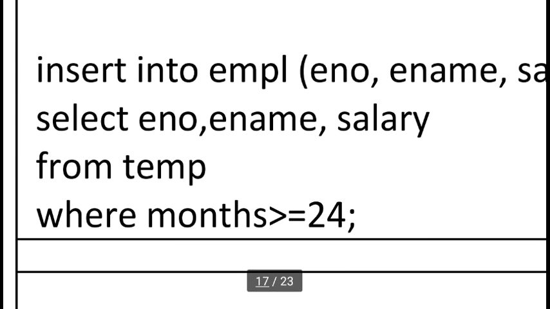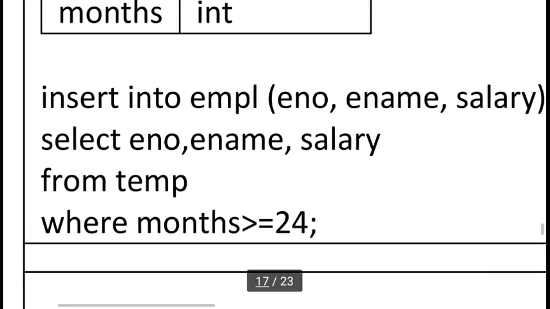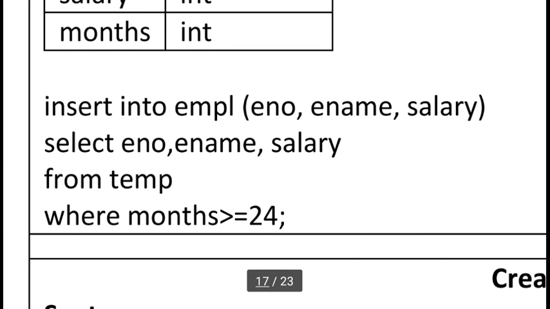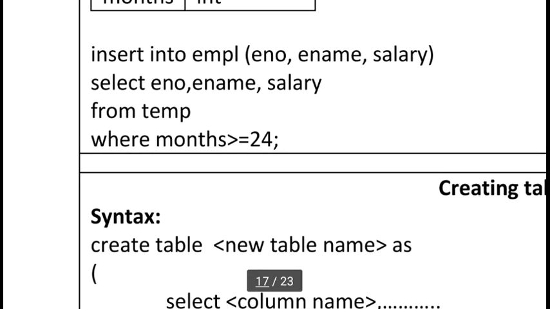So from the table temp, where the month column is greater than or equal to 24, all records will be copied and stored into the EMPL table. This is an advanced command, so we can copy one table's data into another table.